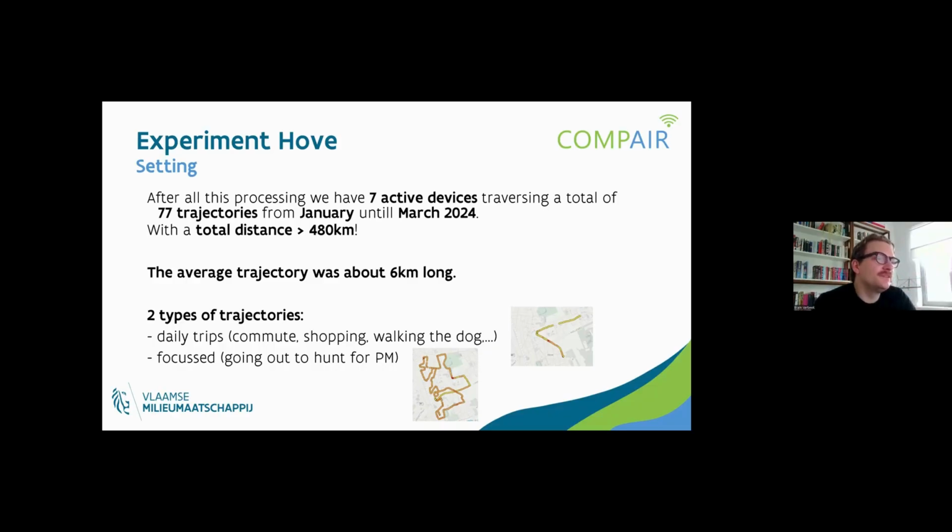These daily trips typically were less useful than the second type, the focus trajectories, which is people really going out to hunt for PM sources. But you can see that in this case, both of them measure the spike. So if you're lucky that someone's commute passed by a hotspot, then we still manage to get that data.